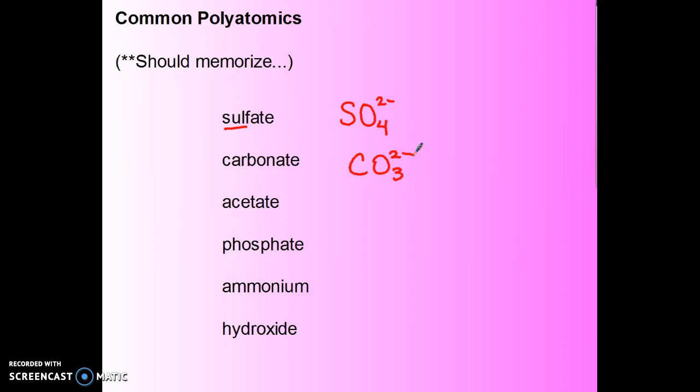Acetate you would find in a sample of vinegar. It comes from acetic acid. Acetate is C2H3O2, and it has a -1 charge. Another way you can write the same compound is... You know what? Ignore that.